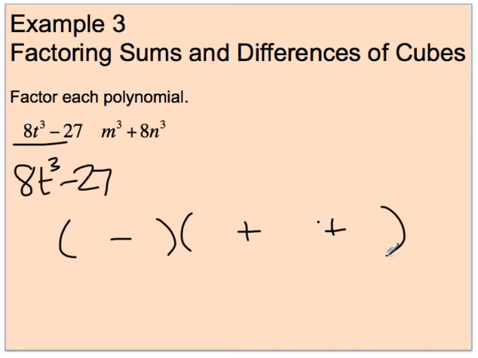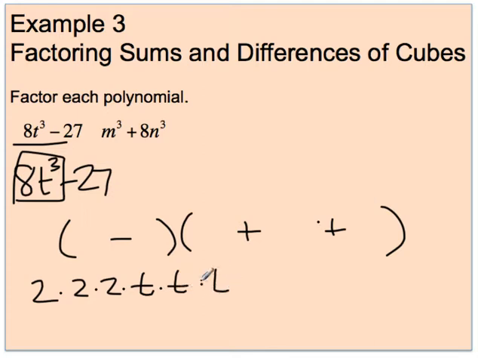So the important piece to realize here is, what can I multiply by itself 3 times to get 8t to the third? So 8 can be written as 2 times 2 times 2, times t times t times t. So you can see here that the 2 is written 3 times and the t is written 3 times.